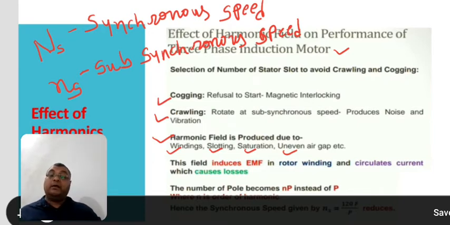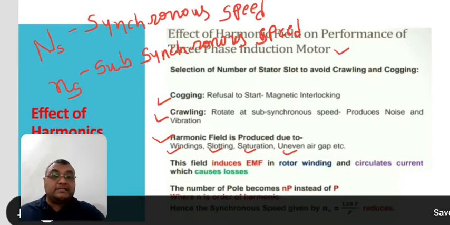The motor will run at the subsynchronous speed due to the crawling. Okay, so the harmonic field which is produced, the part we are talking about is the effect of harmonic field on performance of induction motor. This harmonic field is generally due to the problem with the winding slotting.